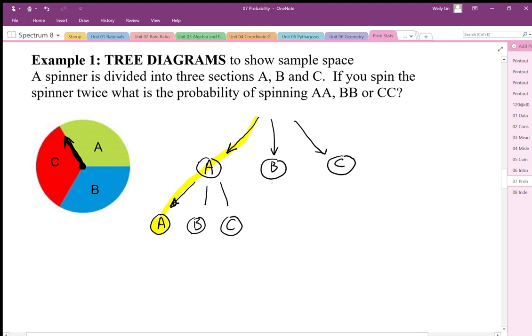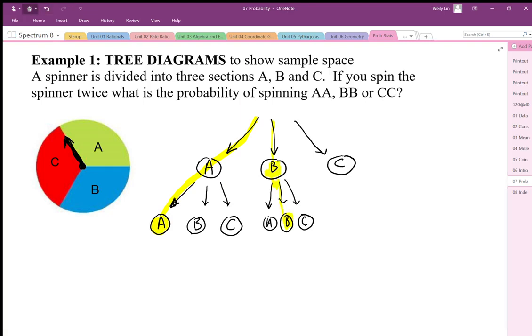Then there's B and C. Then if we got B, there are three new possibilities for B: A, B, and C. This BB is one that we were actually looking for, so we're just going to highlight that one. We got B, and then we got B again.